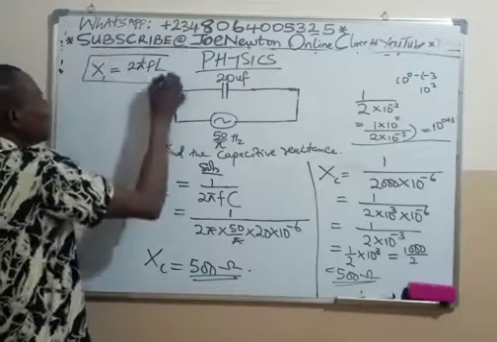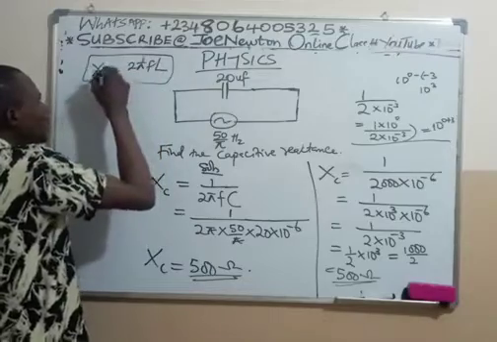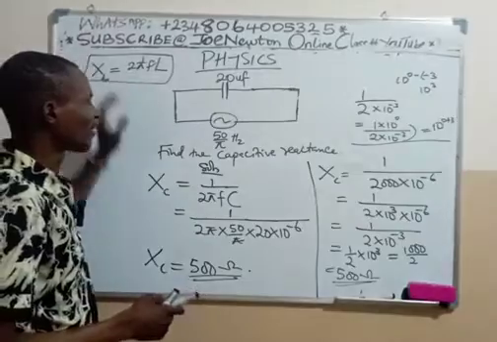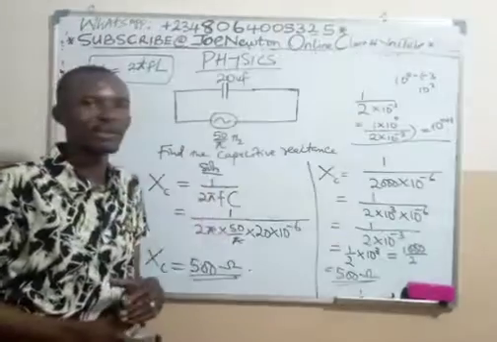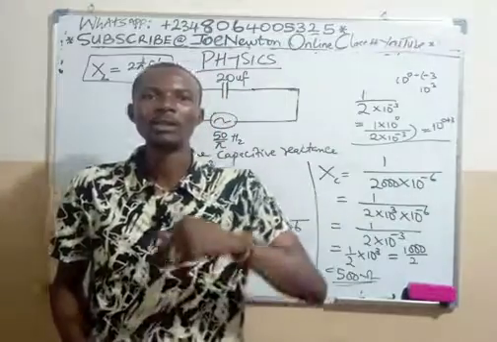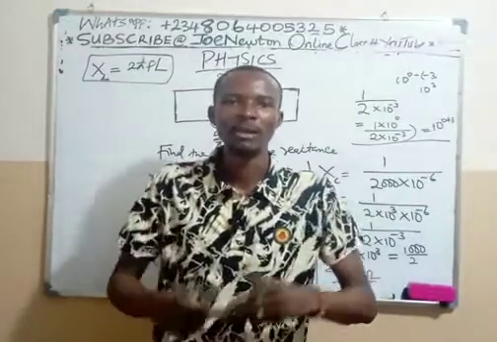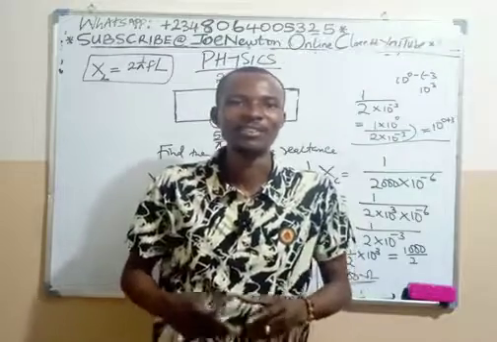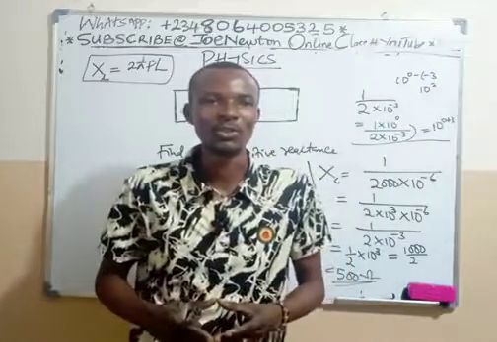This is for inductive reactance. L represents inductance if you are working for inductive reactance, but our case here is capacitive reactance. In the subsequent classes, we shall look into problems involving inductors and even the impedance, which is the overall opposition in the AC circuit.